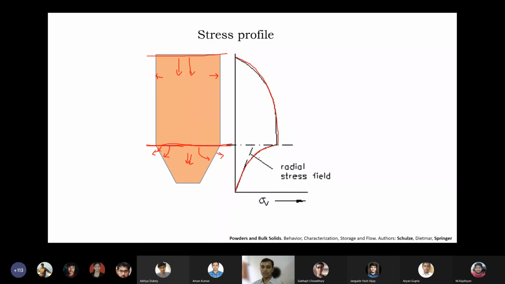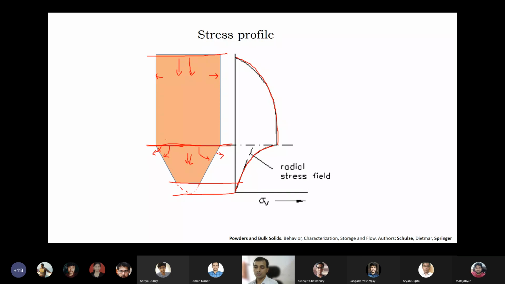So the vertical stress decreases, and this zero refers to the zero point. We always need to have a certain amount of stress for the minimization of arch formation. That is why the vertical stress decreases down.